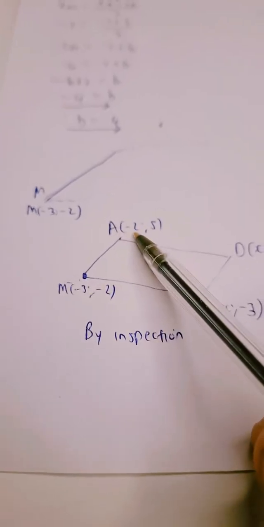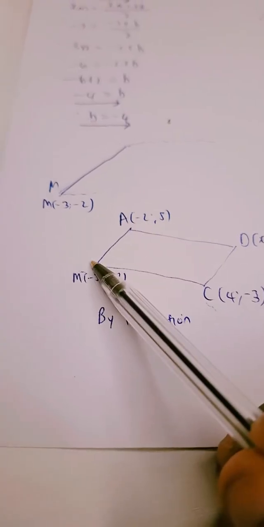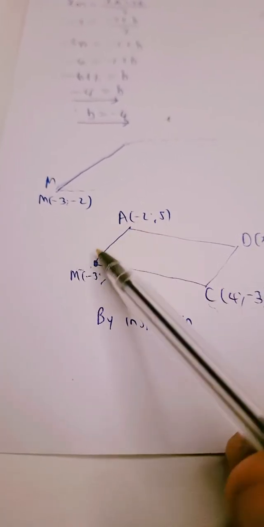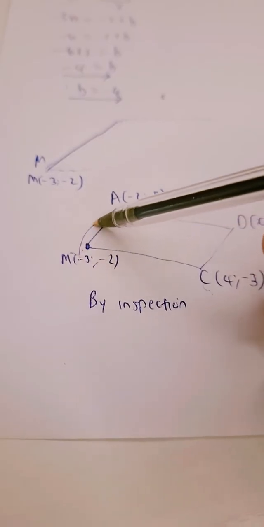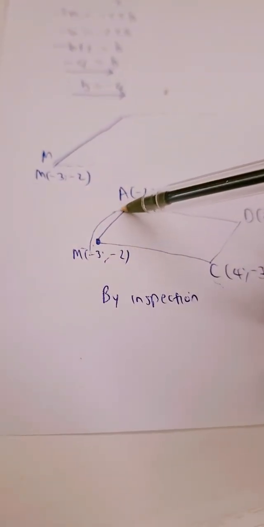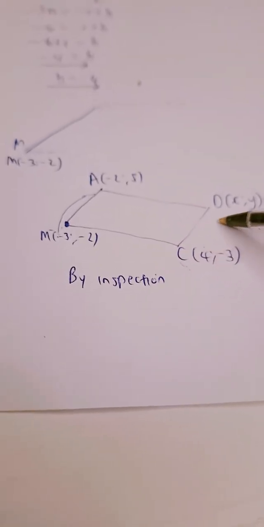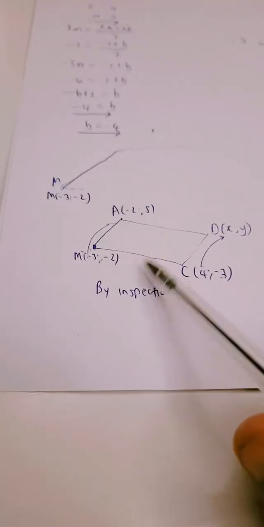If you look at the x coordinate of A and M, whatever happened to this x coordinate to get that one is the same thing you would do to this x coordinate to get that one. Okay.